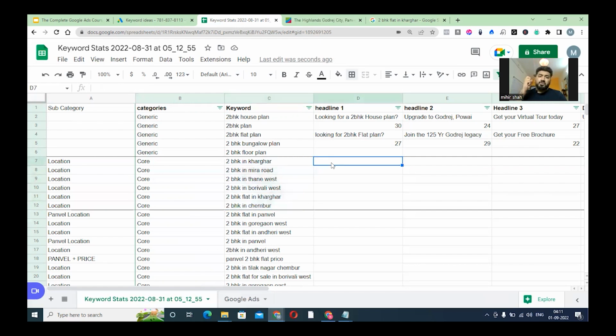Whenever we are talking about the location, your headline one has to have your location in it. As simple as that. So looking for. Okay, he's not looking for a 2 BHK, so looking would not make sense here. 2 BHK.